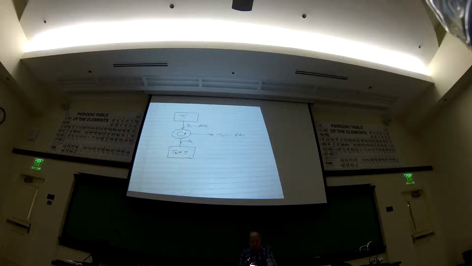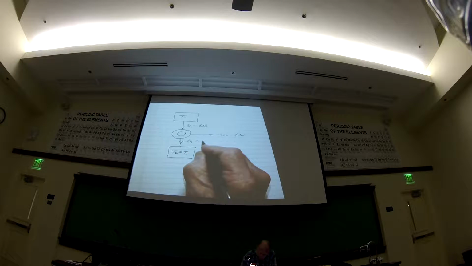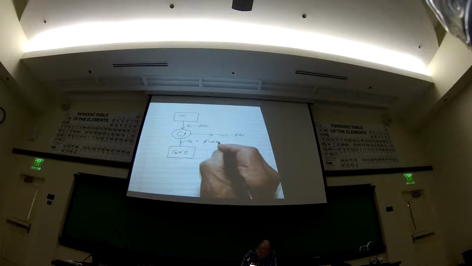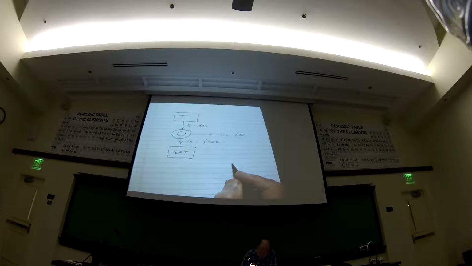Why? Because the arrow's pointing away from the system, and all heat and work effects are related to the system. So I have to write it minus Q2. That is equal to the integral around the cycle of minus dQ2. So that's our picture.